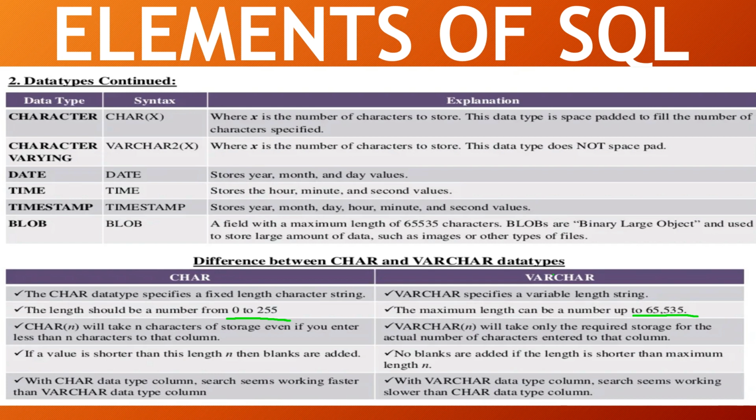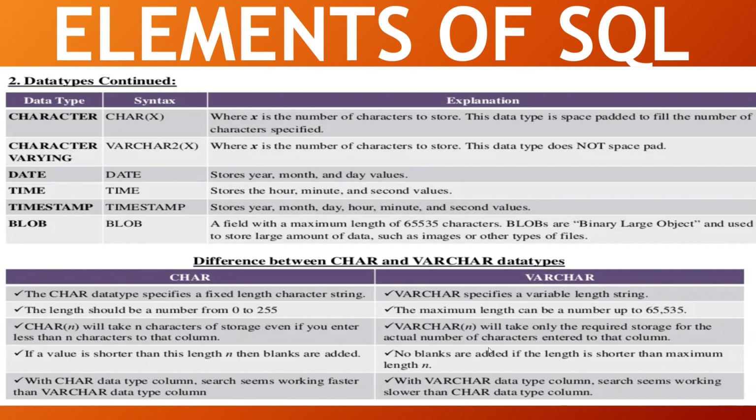Then here char n will take n number of characters of storage even if you enter less. Means the memory allocation will be 20 even if you are saving just 5 bytes, whereas varchar takes only the required storage.